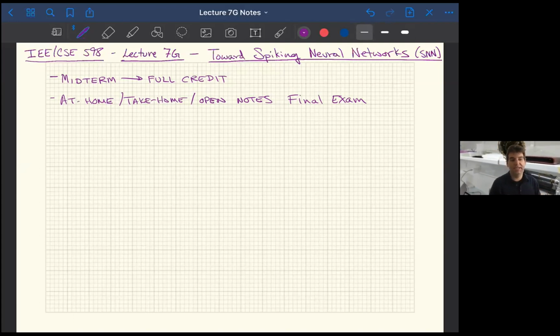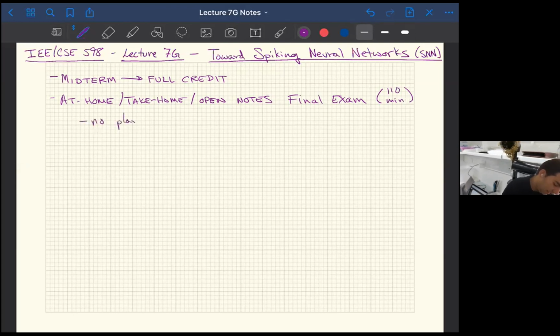So that's the update: a take-home, open notes final exam, we'll say 110 minutes. Although in some of the other classes I'll use Lockdown, in this one I have no plan to use Lockdown.